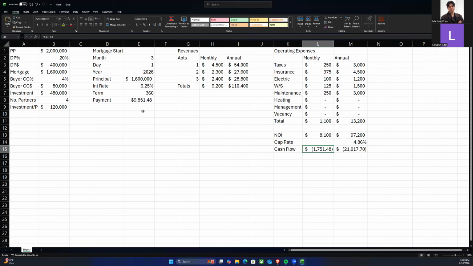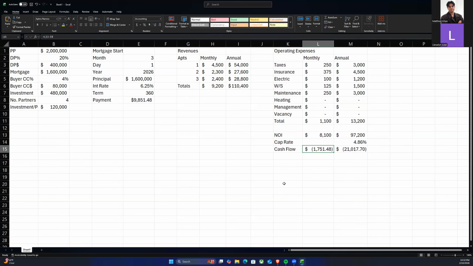Generally, if you're paying for a low cap rate like this, 4.86% at the $2 million level, and you're getting a negative cash flow like this, you see how the cash flow changed to substantially negative, you are not going to really do very well in this scenario unless you're willing to carry the property with almost a $2,000 monthly deficit.